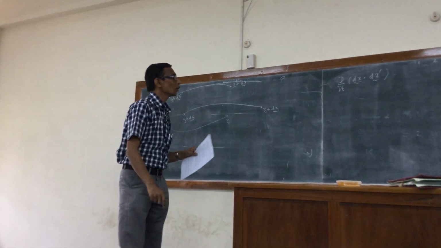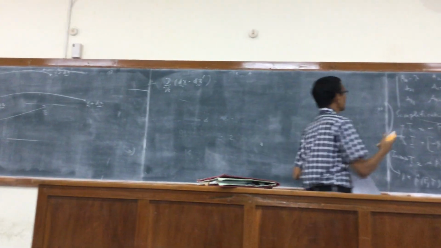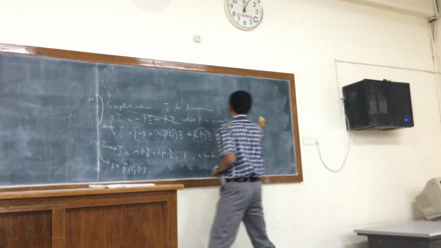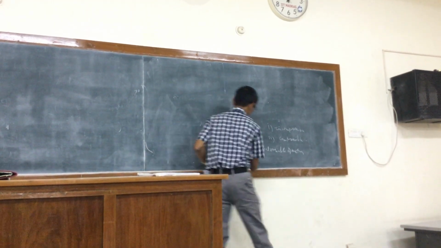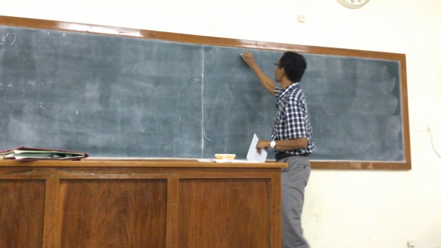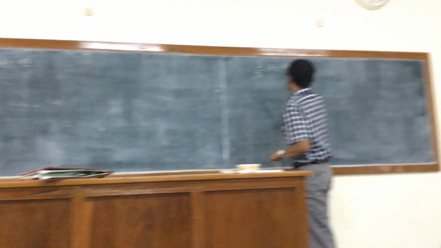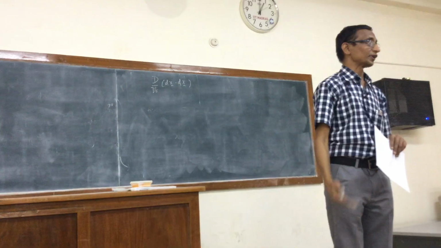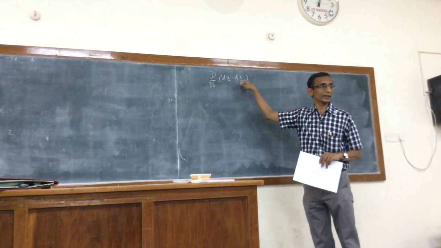If you look at how we did this, it is somewhat similar to how we did d by dt of dx dotted with dx. If you recall that, ds square is slightly different, because that is the dot product of dx with itself.